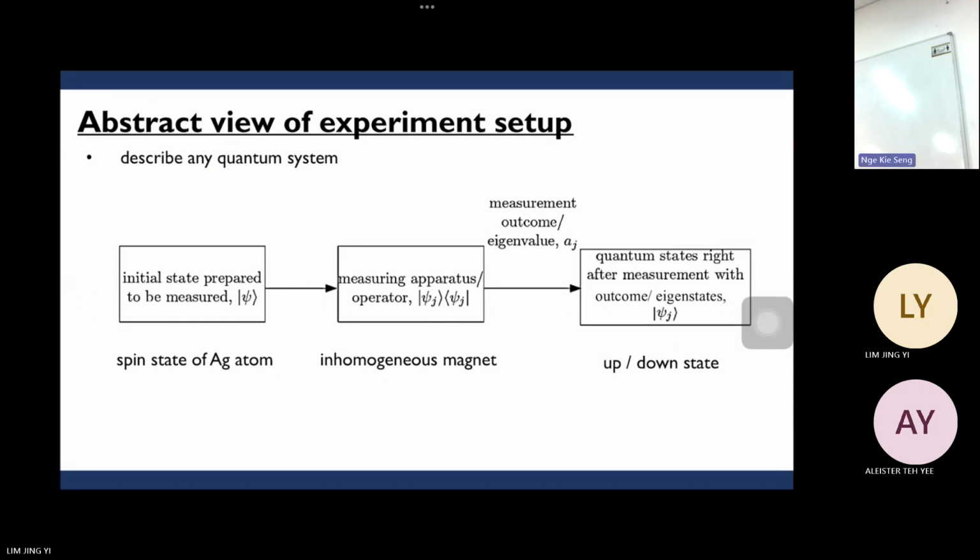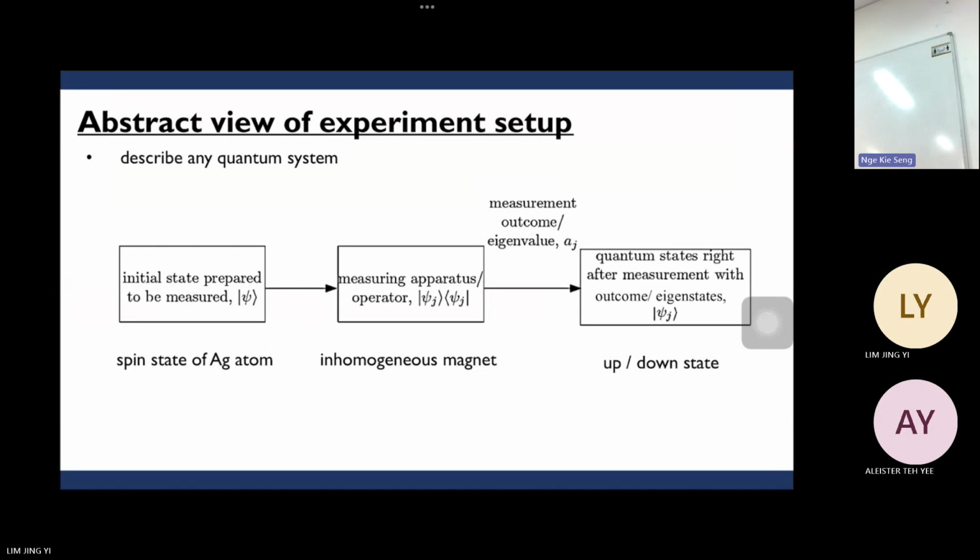The final state will be the quantum state right after the measurement. After the silver atom passes through these magnets, we measure the state of the magnetic dipole moment, whether it is in the up state or the down state. These are the states that we call the eigenstates. An eigenstate is the state right after the measurement is performed.